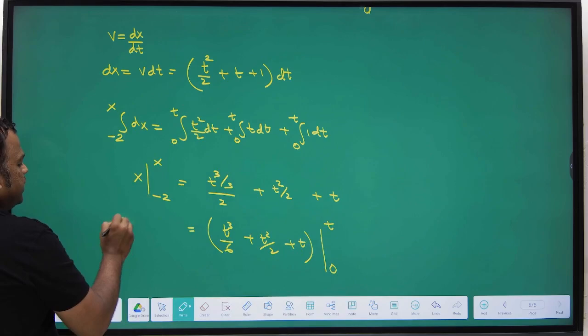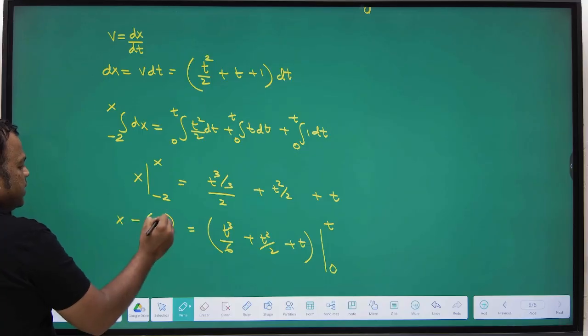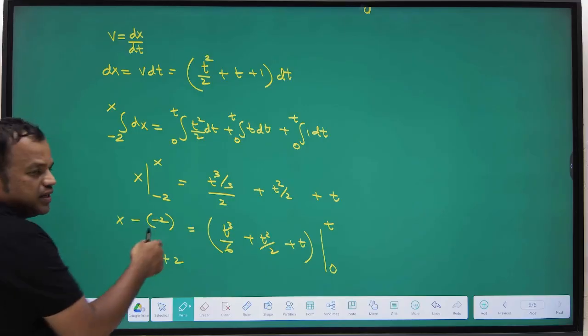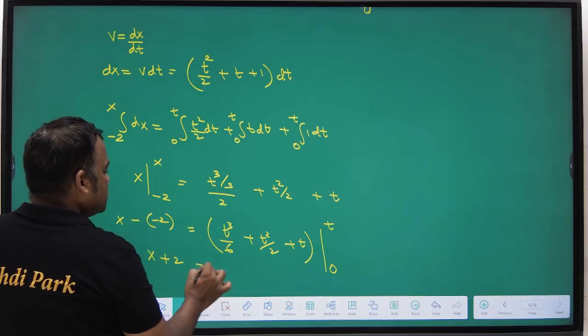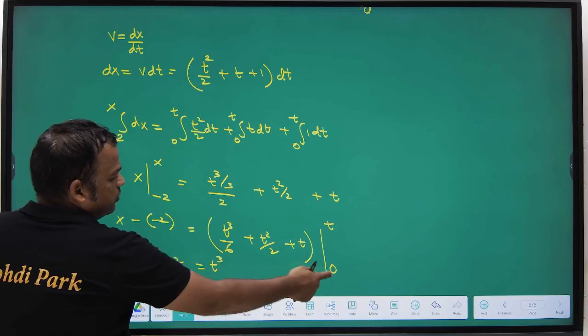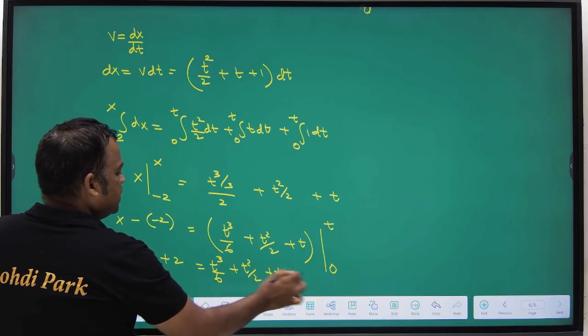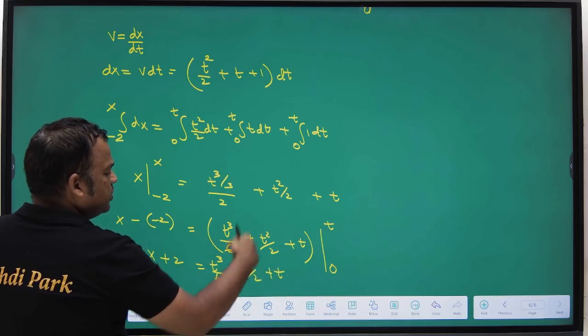Left hand side we are getting x, upper limit is x minus, lower limit is minus 2. So this will be x minus minus plus, so x plus 2 is equal to, when you put t, it will be t cube by 6 plus t square by 2 plus t, and when you put 0, this whole term will be 0.